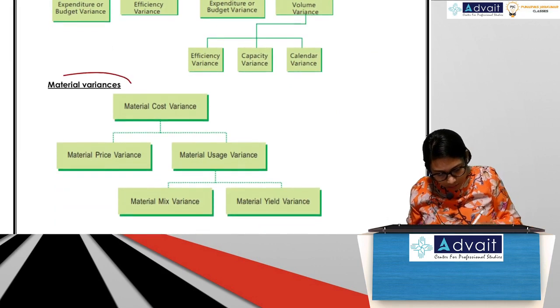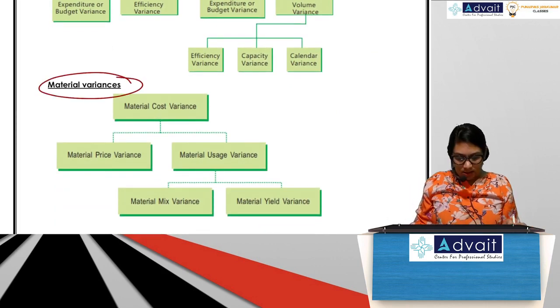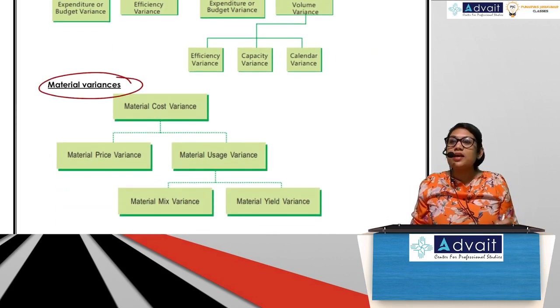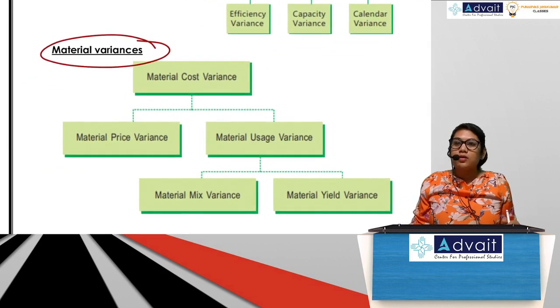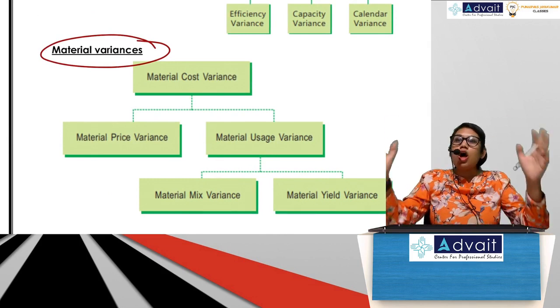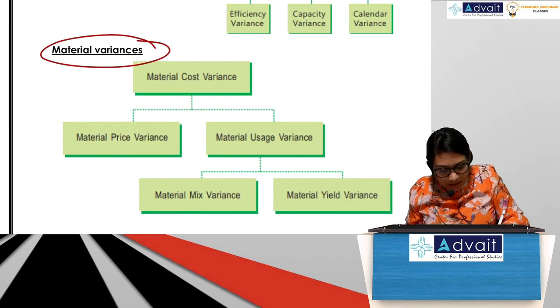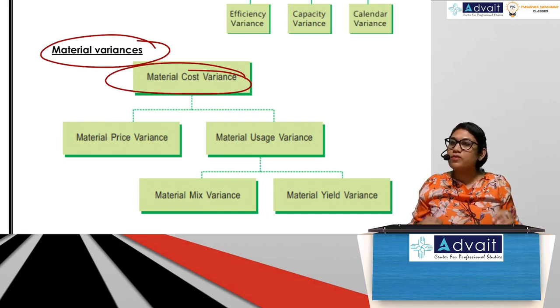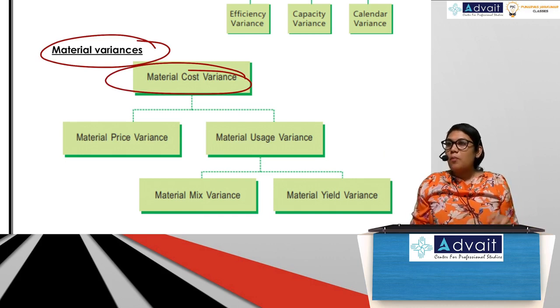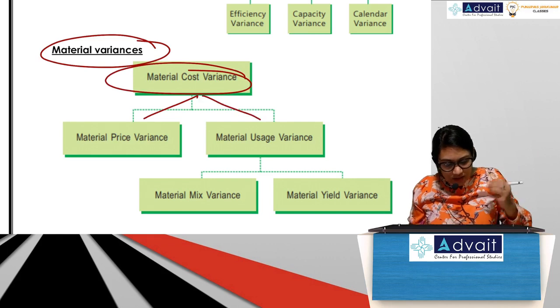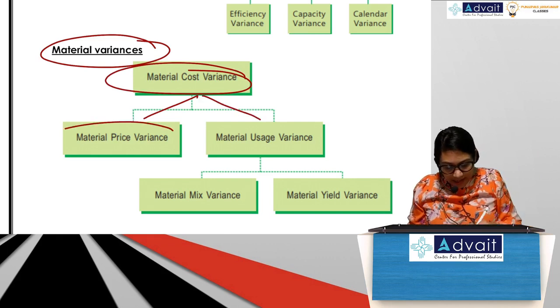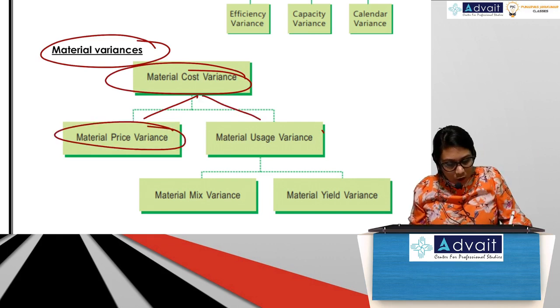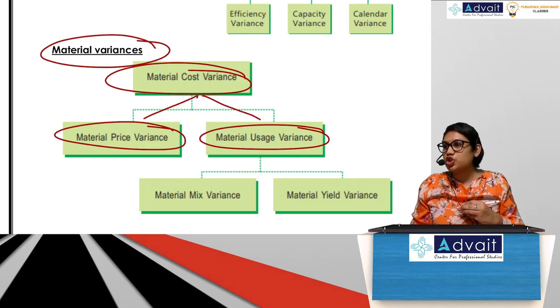Okay, material variances. Guys, so material variances are divided into the following. The overall material variance is called material cost variance. We will see how to calculate it. Now, material cost variance is further subdivided into material price variance and material usage variance.